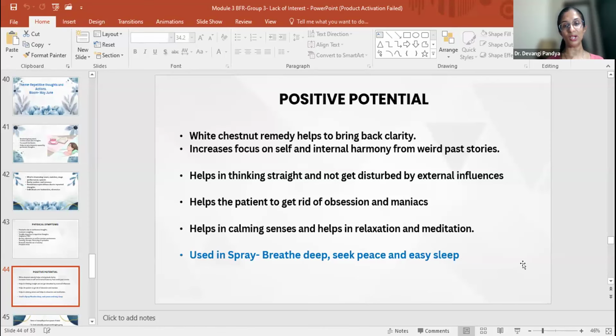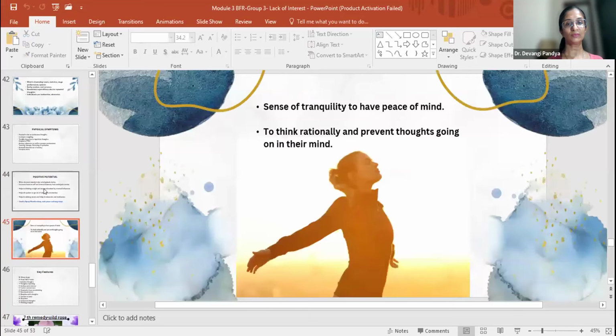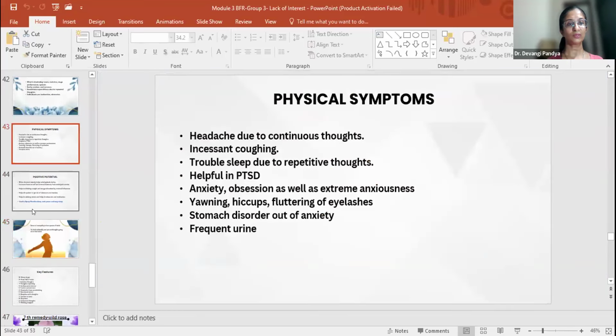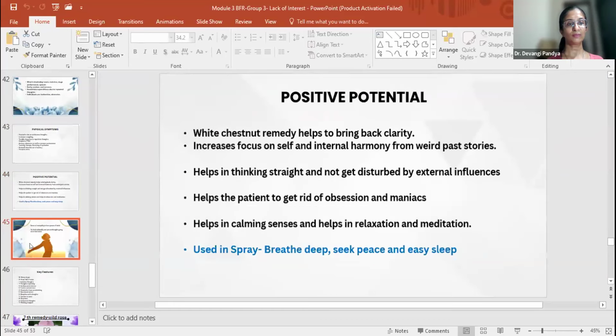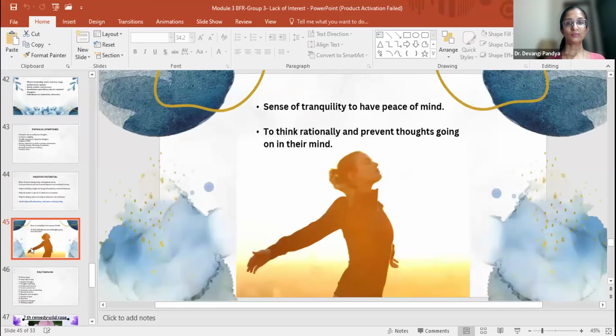It will help to calm down and relax, and also into the meditative state. This is used in sprays, as we said before. This is also, we discussed, will give the sense of tranquility and prevent excessive state of thoughts.